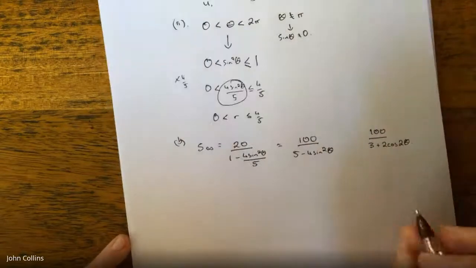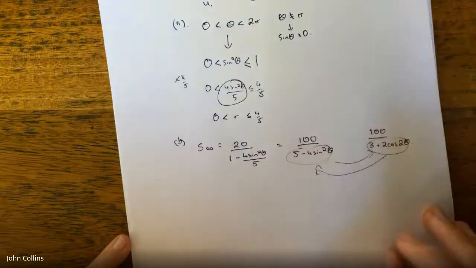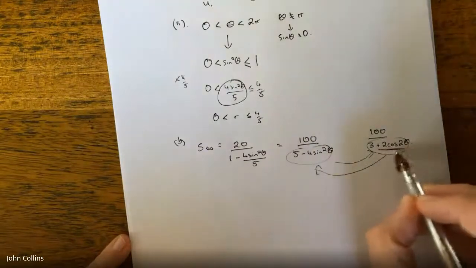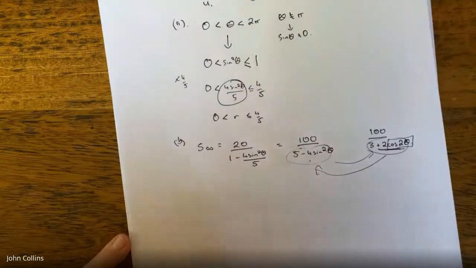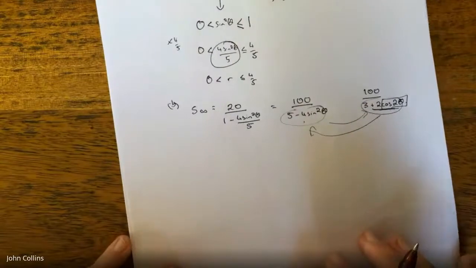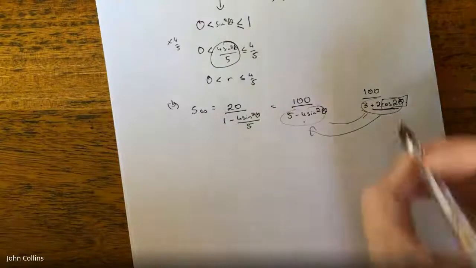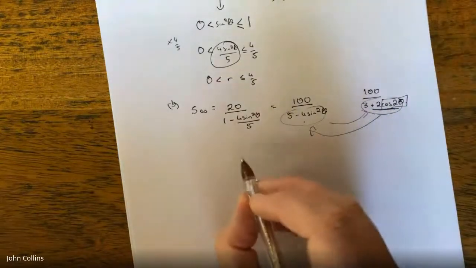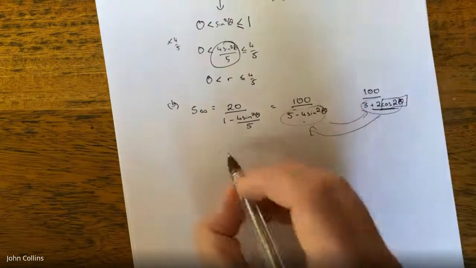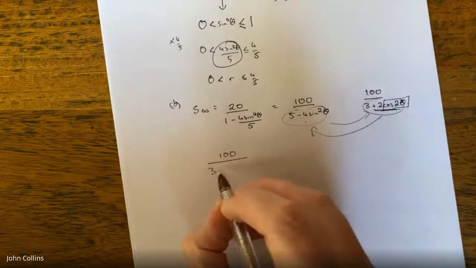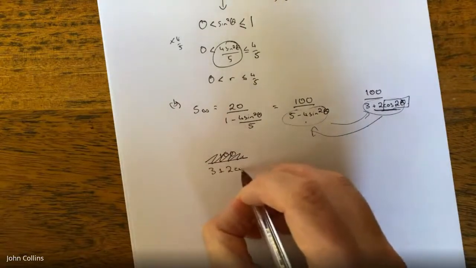So we have an option here whether we try and manipulate this to look like that or manipulate that to look like this. I did this one to look like that because we have cos 2 theta in our known identities, the double angle formula for cos from our formula booklet. So I'm converting this, I'll just rewrite it here. 3 plus, no, I'll leave out the 100, 3 plus 2 cos 2 theta.